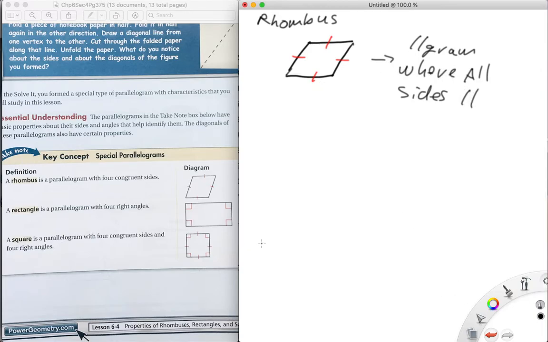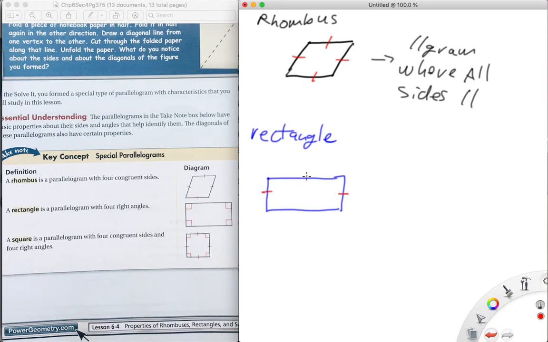And we have a rectangle. Again, a rectangle is a parallelogram as well. But the difference between a rectangle and a rhombus is that opposite sides are parallel and congruent.